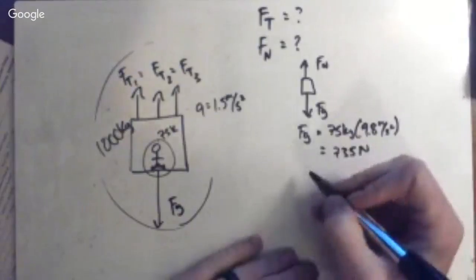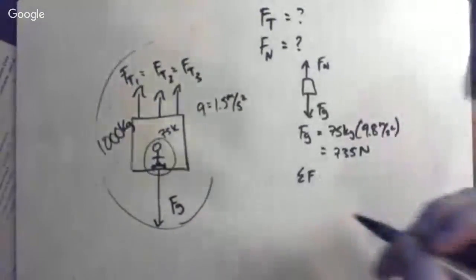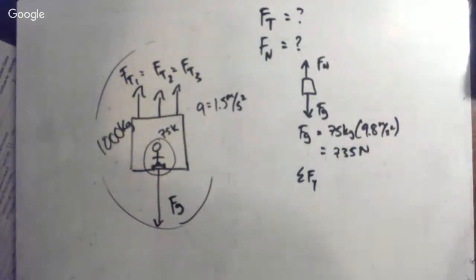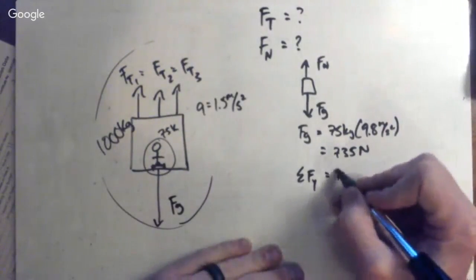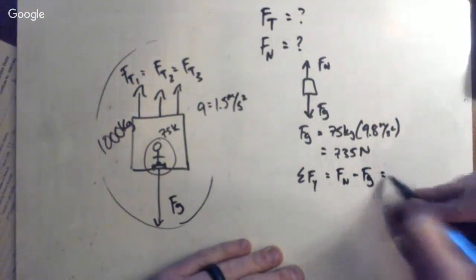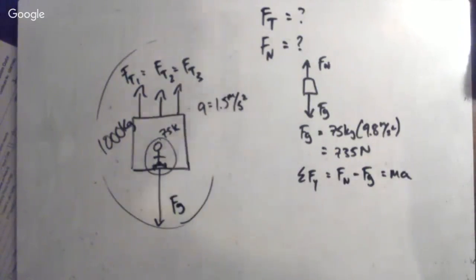All right, so now let's do our sum of forces. We only have forces in the y direction, so we can write y or not. We don't have to. So we have Fn minus Fg, because they're in opposite directions, equals m times a.